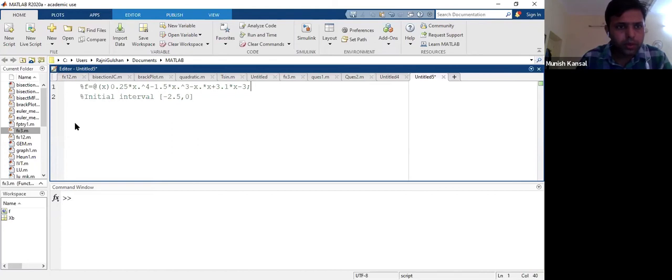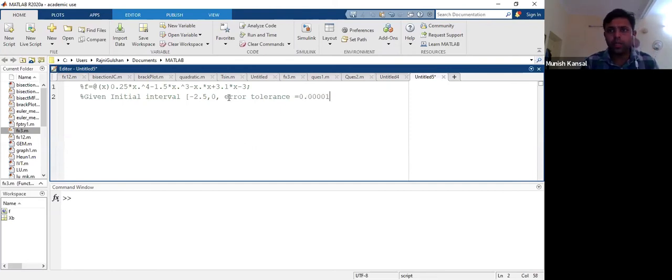So I should write down here, given the initial interval, we want to find out the root of the equation, right? Now here some error tolerance is given. If this is not given, you can take the error tolerance to be, let us say, 0.00001.